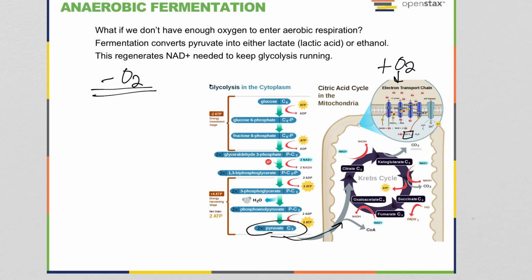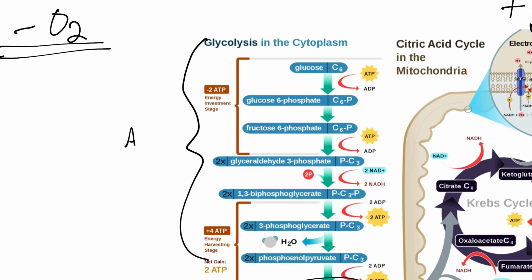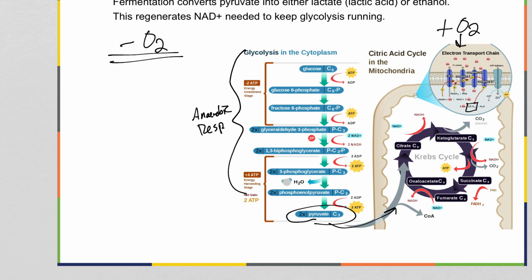So glycolysis all by itself, that is anaerobic respiration because we don't directly need oxygen for glycolysis. Fermentation is what happens to that pyruvate if you don't have oxygen available.